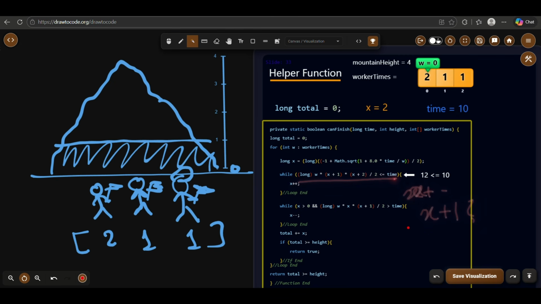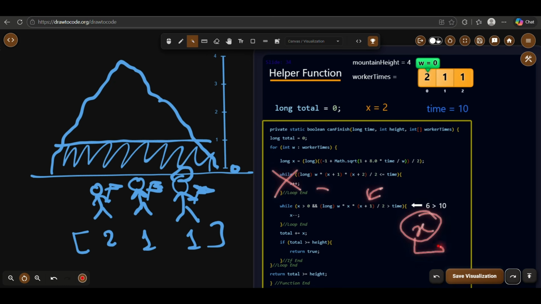If we increase x by 1, it will take 12 seconds, but our time limit is 10 seconds. So it will not execute this condition. It will now check whether the current x exceeds the time 10 or not. It is checking for the current x and for increasing the x. Hope you understand this. As this is 6 and this is 10, it is possible.